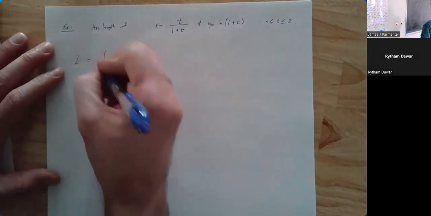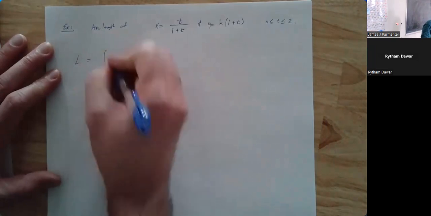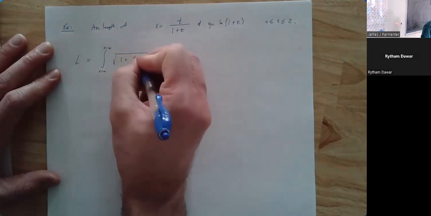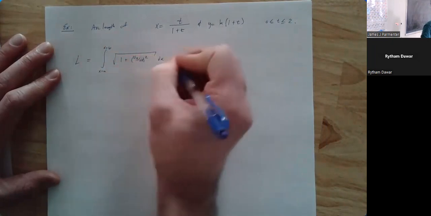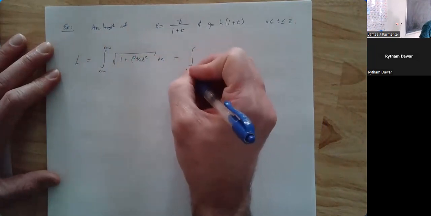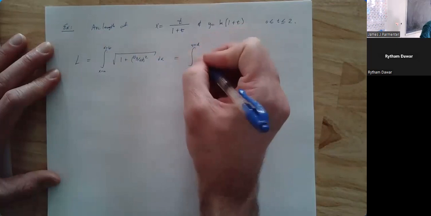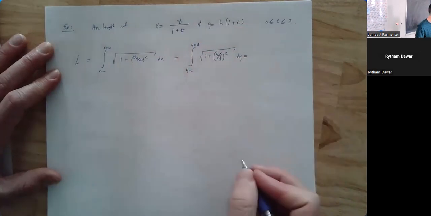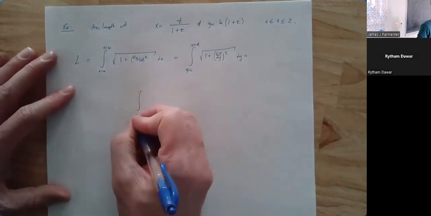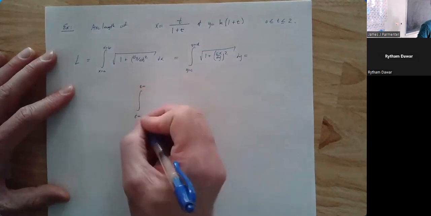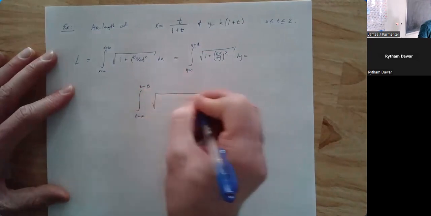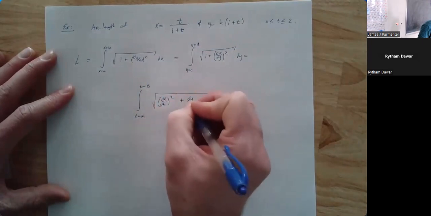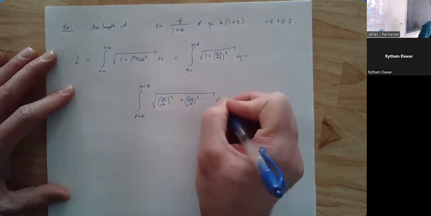It's either the integral from x equals a to x equals b of the square root of 1 plus dy dx squared dx, or it's the integral from y equals c to y equals d of the square root of 1 plus dx dy squared dy, or finally, parametrically, it's the integral from t equals alpha to t equals beta of the square root of dx dt squared plus dy dt squared dt.